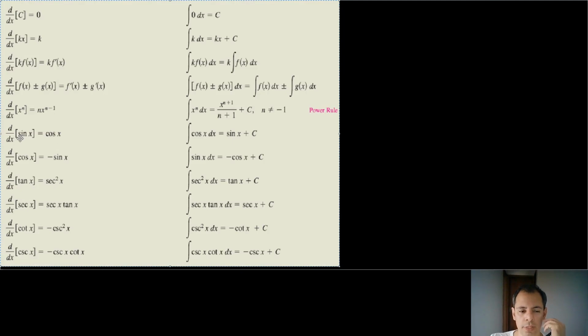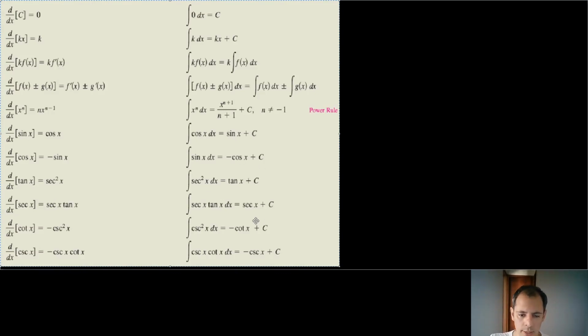The derivative of sine of x is cosine of x. The integral of cosine of x is sine of x. So it's just going back. The derivative of cosine of x is minus sine of x, so the integral of sine of x is going to be minus cosine of x plus c. You can see that you always have this c in here, okay? So the derivative of tangent is secant squared. Integration of secant squared is the tangent plus c.